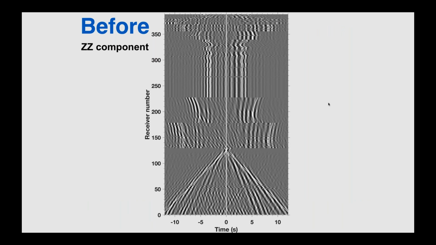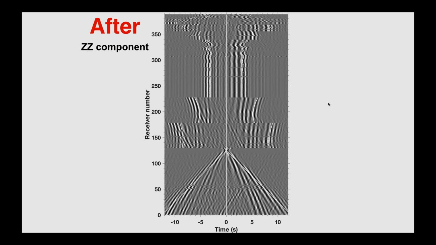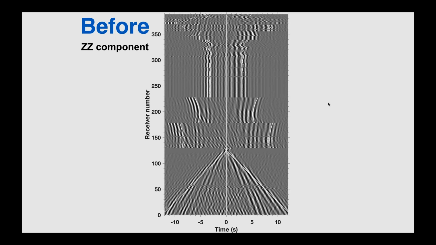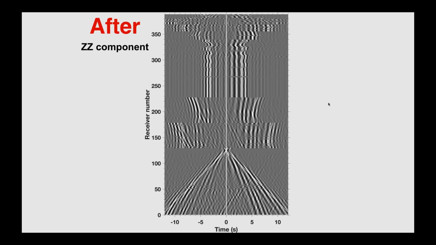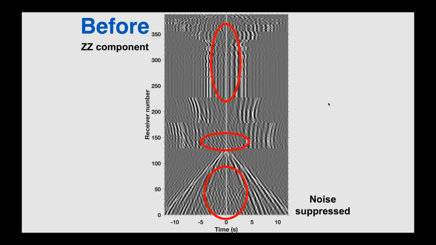So let's look at the correlation functions. This is the vertical component before, just a simple sum, and this is after weighting. We find, for example, some noise suppression inside this red circle, after, before, after.